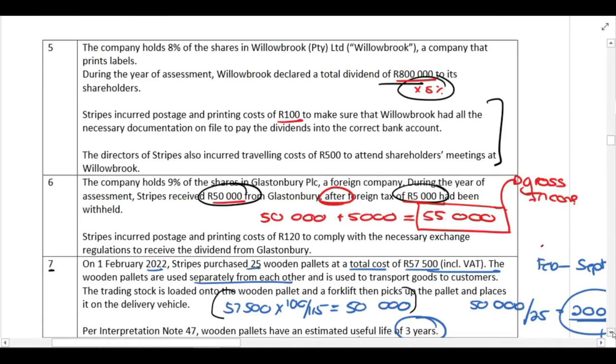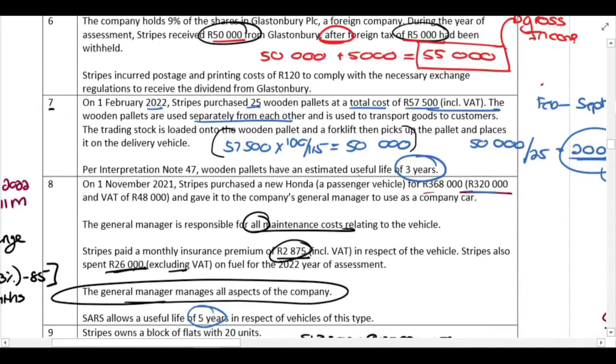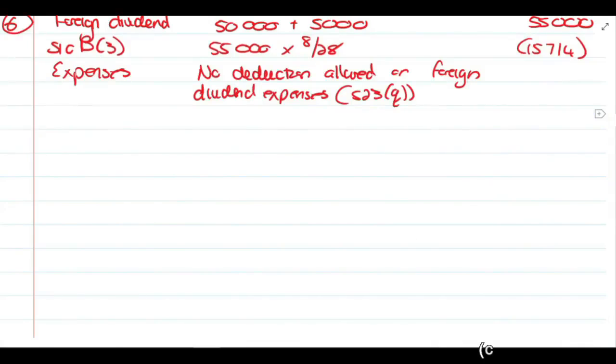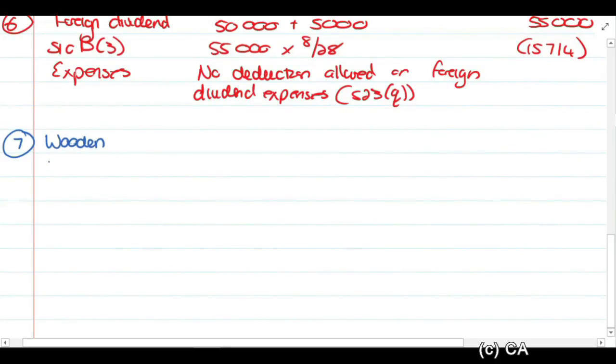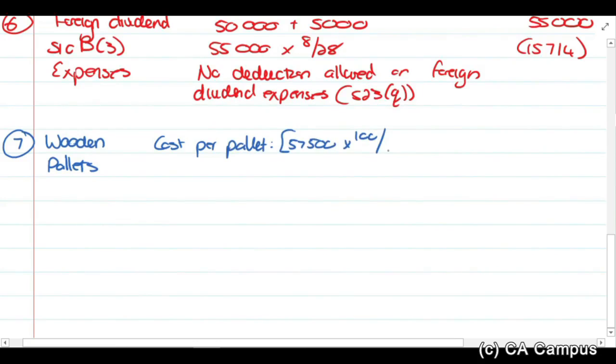Right, then number 7 is the wooden pallets that were purchased in this tax year. So the cost per pallet is 57,500 times 100 over 115 divided by 25 equals 2,000.